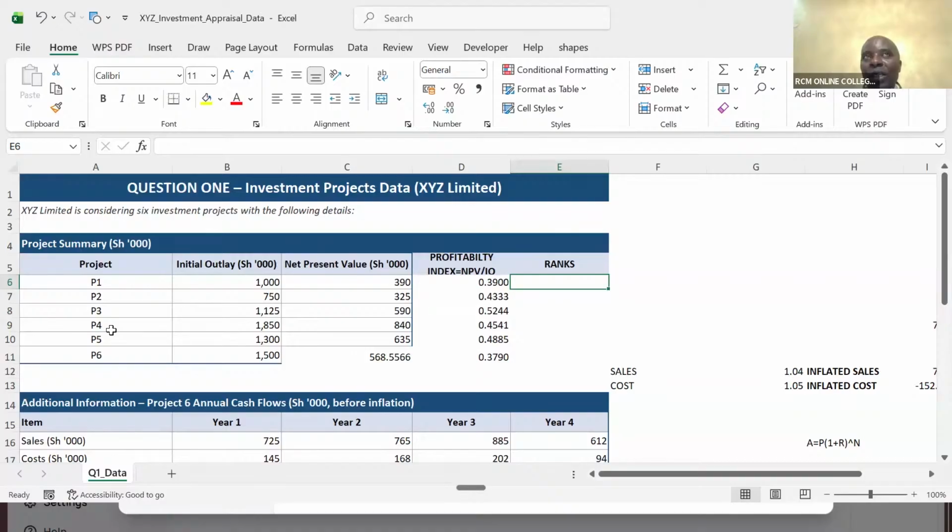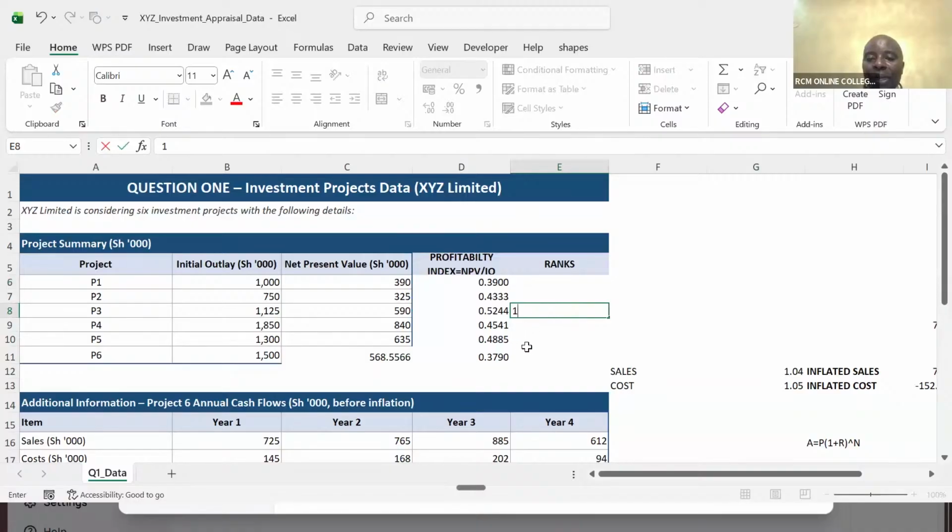Once you rank one, then the other one can't happen. When you're ranking, remember the higher the profitability index, the better. So the one that will take up number 1 is this one with 0.52. After that, 0.48 takes up number 2.